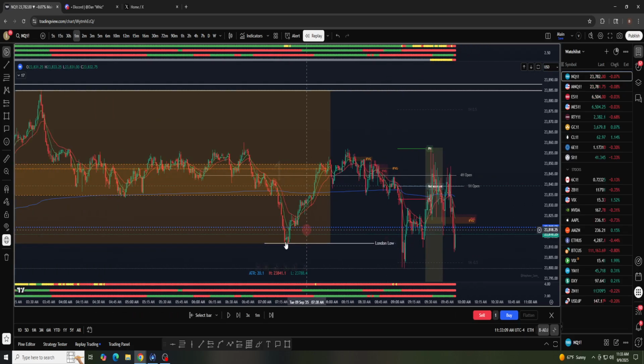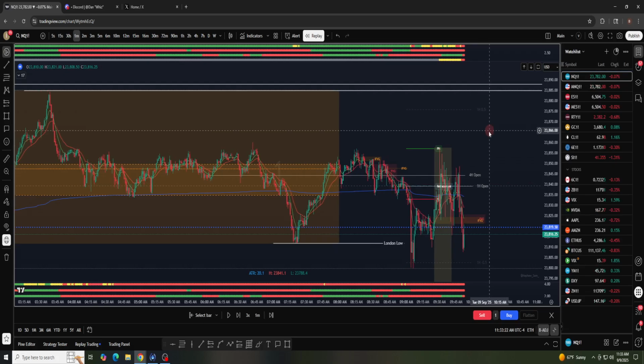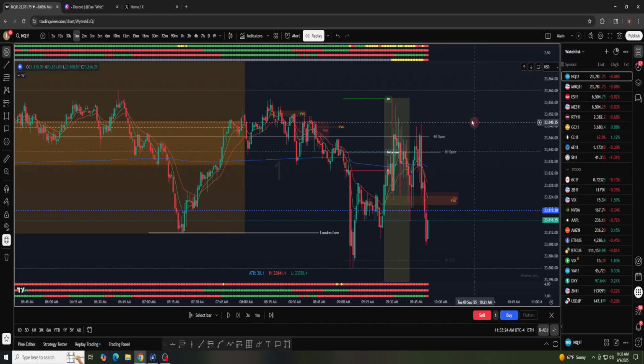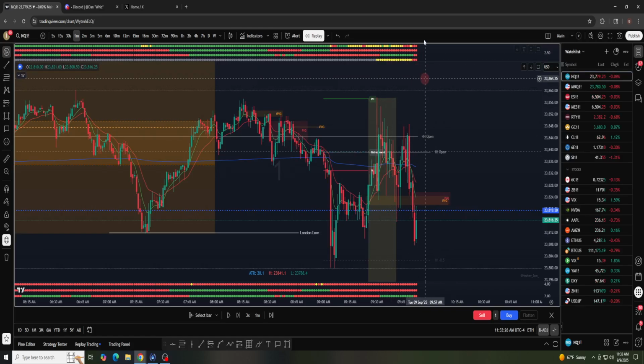Given the fact that London lows had already been hit before market open, my bias was bullish. My personal narrative wasn't jiving with the dots. I want the dots to be a confluence with other factors, and I'll show you the trade that I took, how and why I took it.